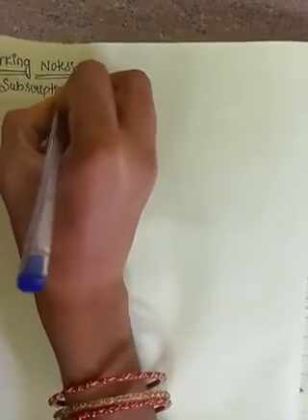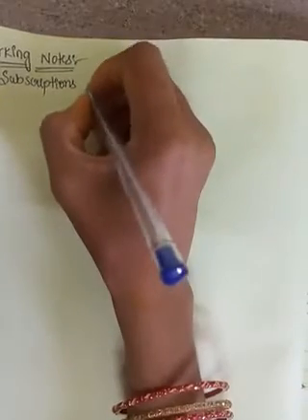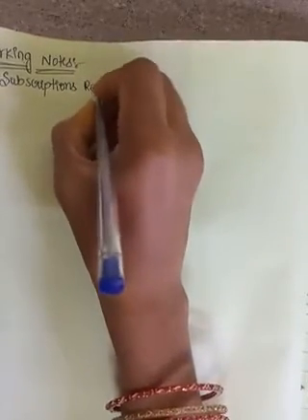Working notes. First working note is subscriptions received for current year.